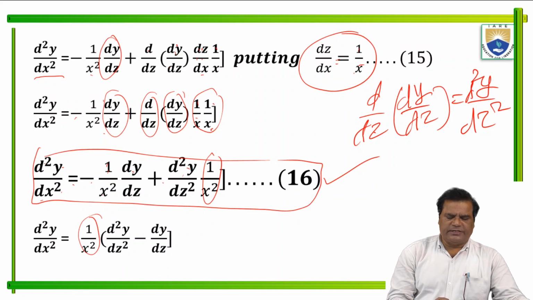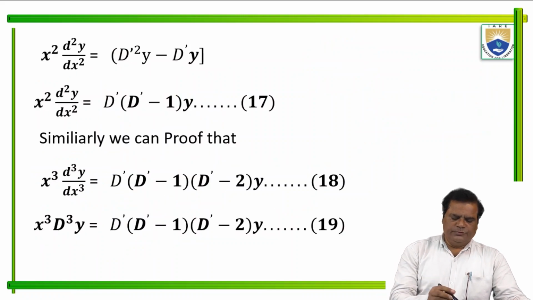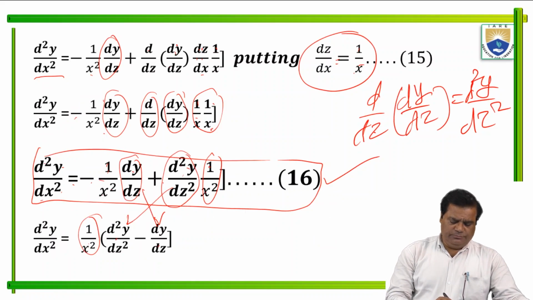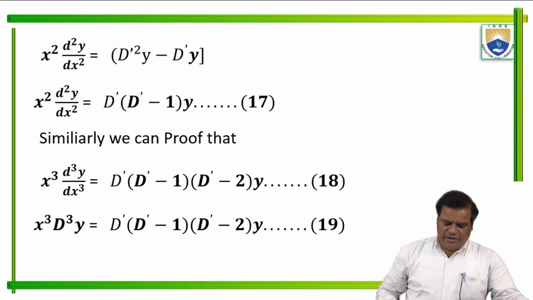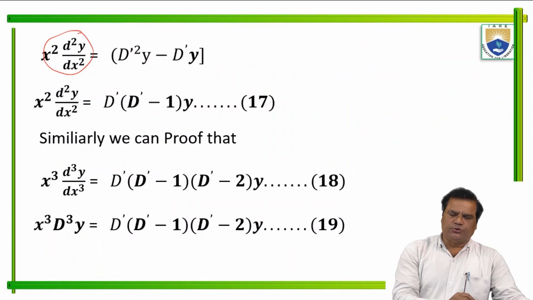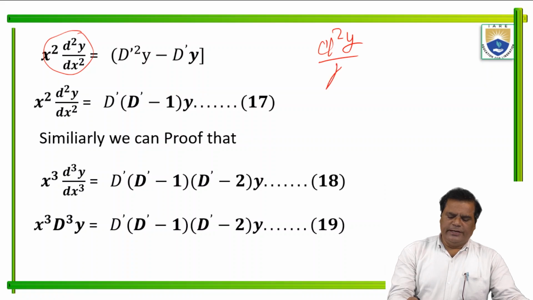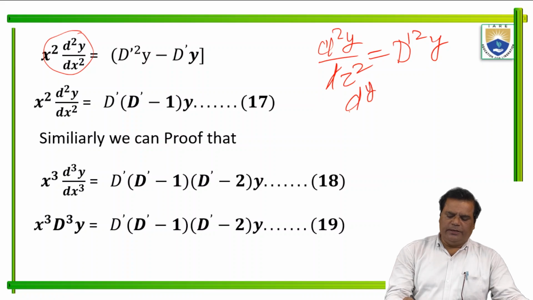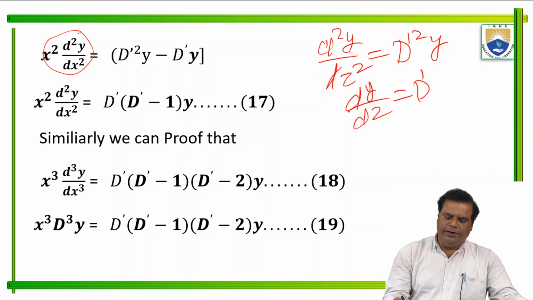We write the positive first term and the negative last term, so d2y/dx2 is positive, and this is the negative term, with 1/x square taken common. Multiplying x square on both sides, we get x square d2y/dx2 equal to d2y/dz2 minus dy/dz. Here d2y/dz2 equals D dash square y, and dy/dz equals D dash y.